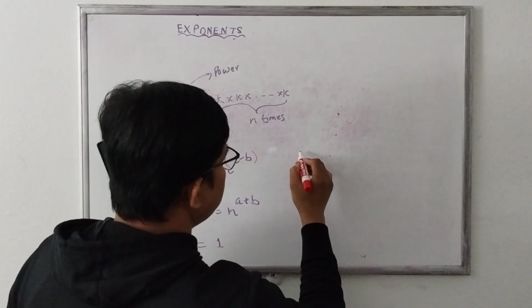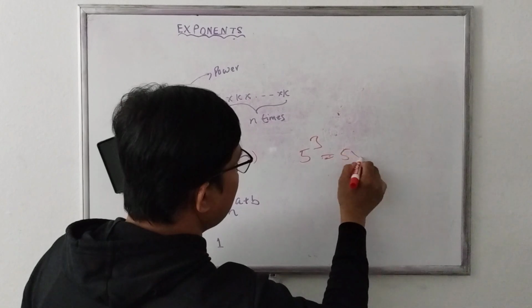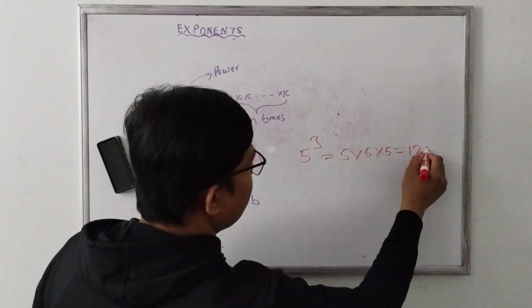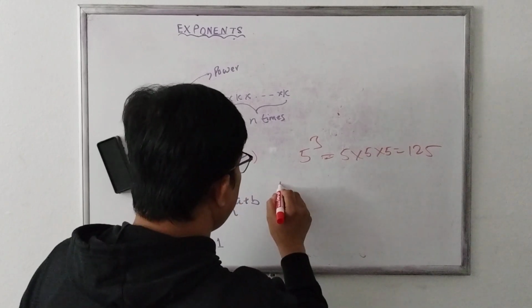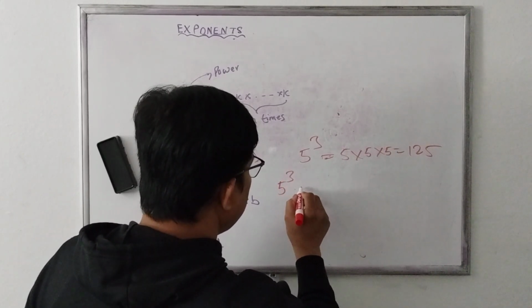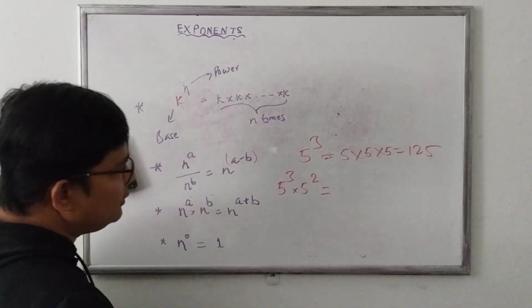5 power 3 means 5 times 5 times 5, which is 125. Now let's say I ask you 5 power 3 times 5 power 2. What will you do?